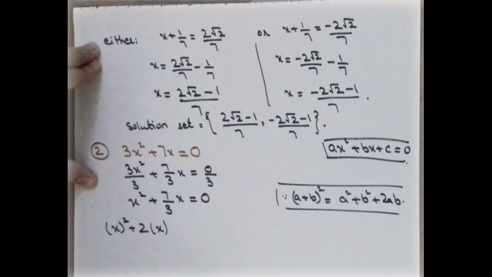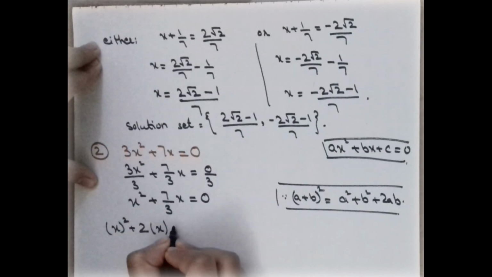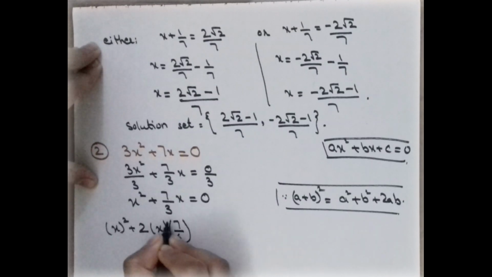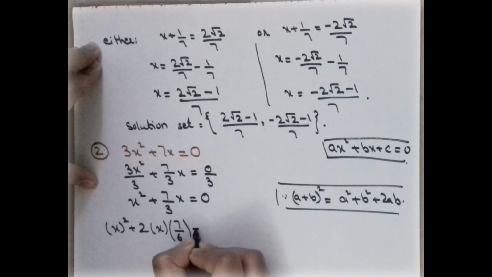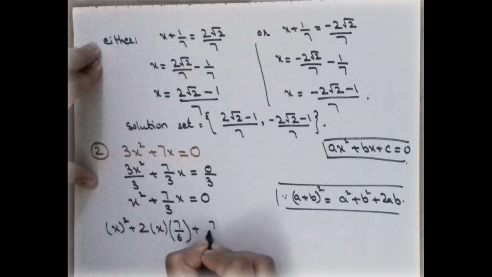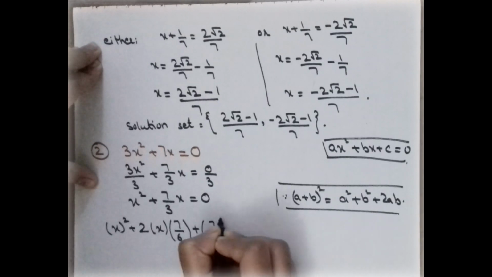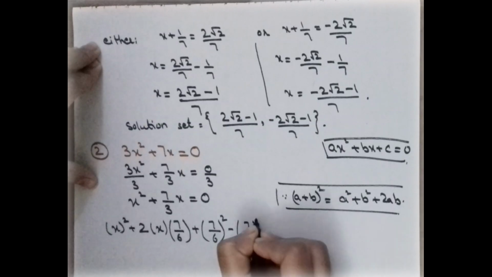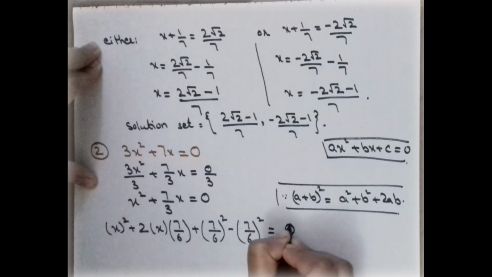If we write 7 over 6, because when we cancel out, 2 ones are 2, 2 threes are 6, the answer will be 7 over 3x, plus taking the square of this term, 7 over 6 square, and add this term and subtract this term, which is equal to 0.